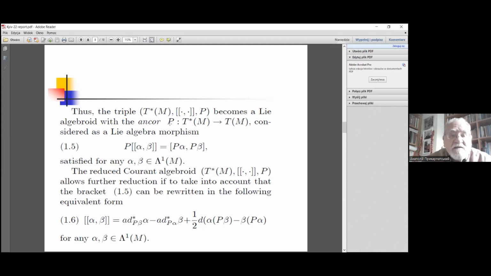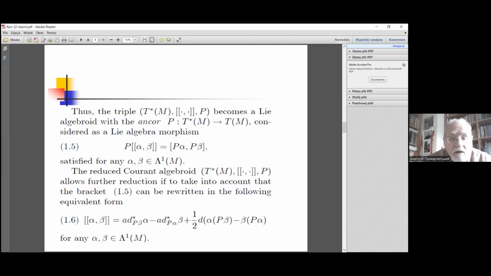You see, because it satisfies the following homomorphism property. P of the bracket of alpha and beta is exactly the commutator of the vector fields P alpha, P beta for any differential forms alpha and beta. So we have this reduced current algebroid on the cotangent space with this reduced bracket and the anchor P.